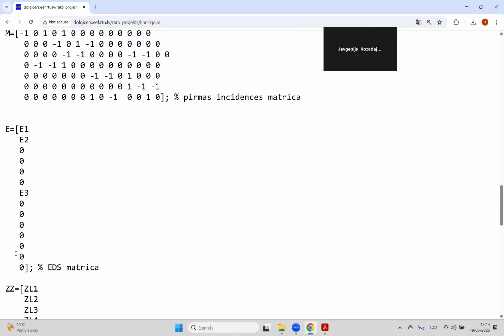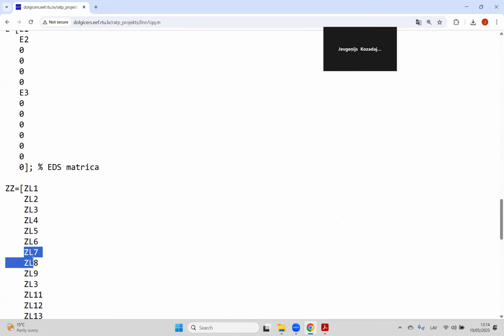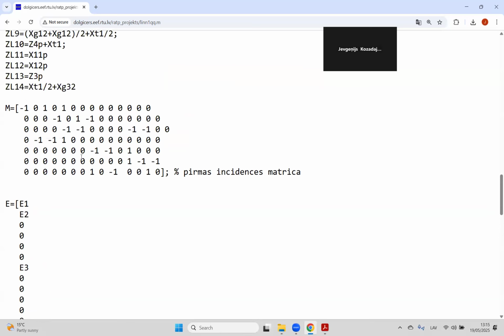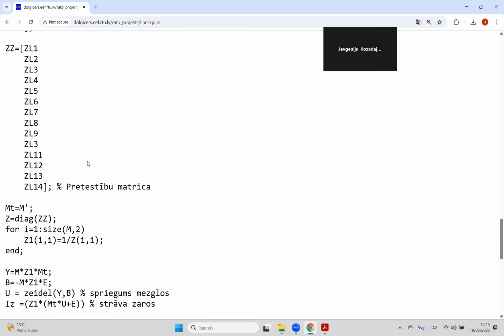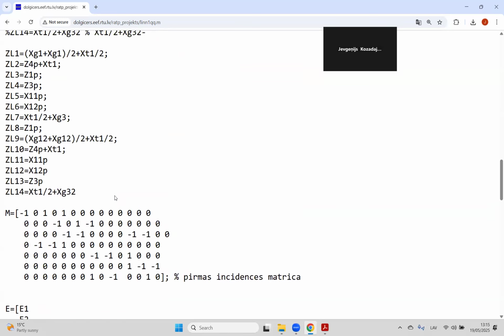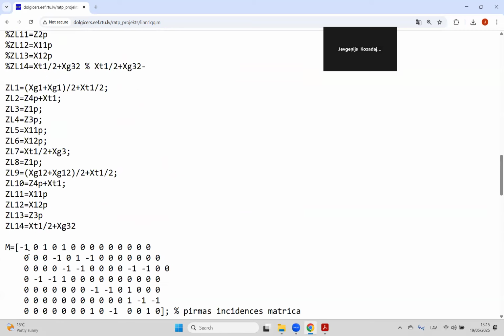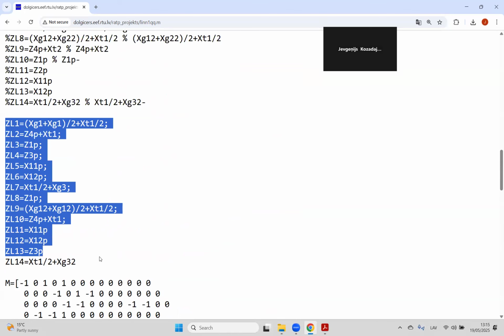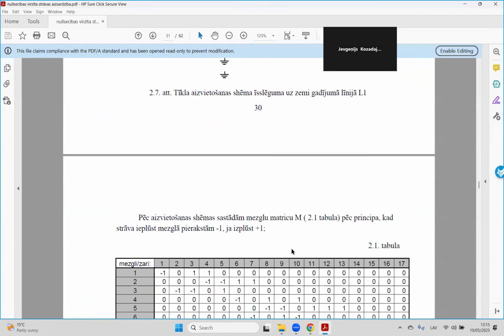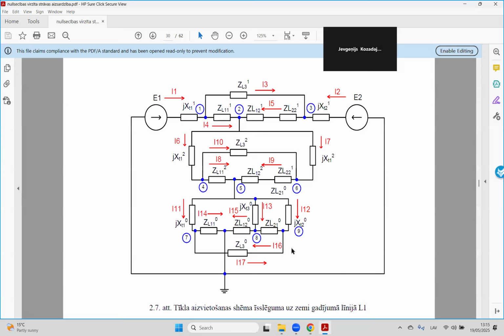The first, second, and third are with resistances, with electromotive forces, and the topology with nodes and branches. You need to understand that the number of the branch should be the same in every matrix when you calculate the values.